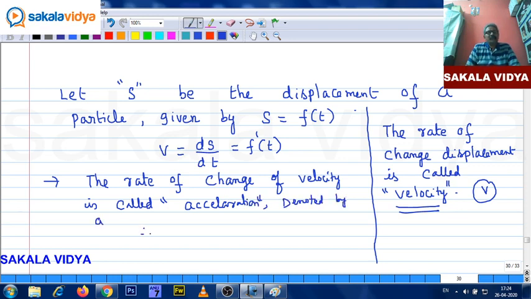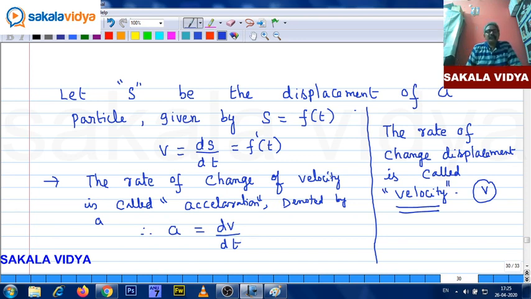So that means here you can write a is equal to dv by dt. Am I correct now? So acceleration is dv by dt. That means if you want to find out the velocity, we need to differentiate the displacement with respect to time. If you want to find out acceleration, that is actually dv by dt.